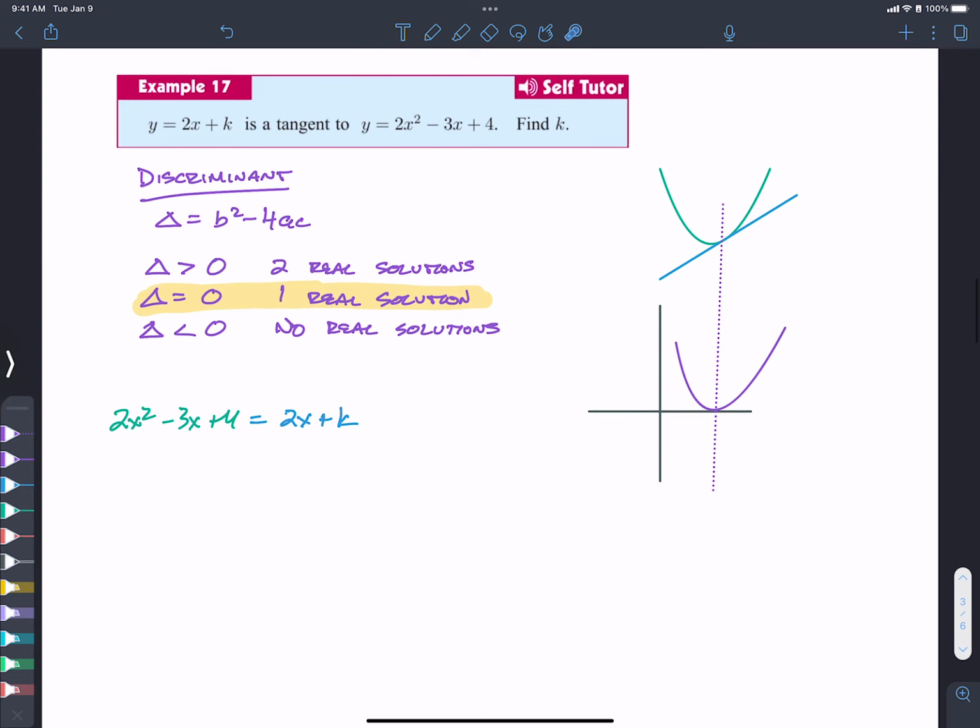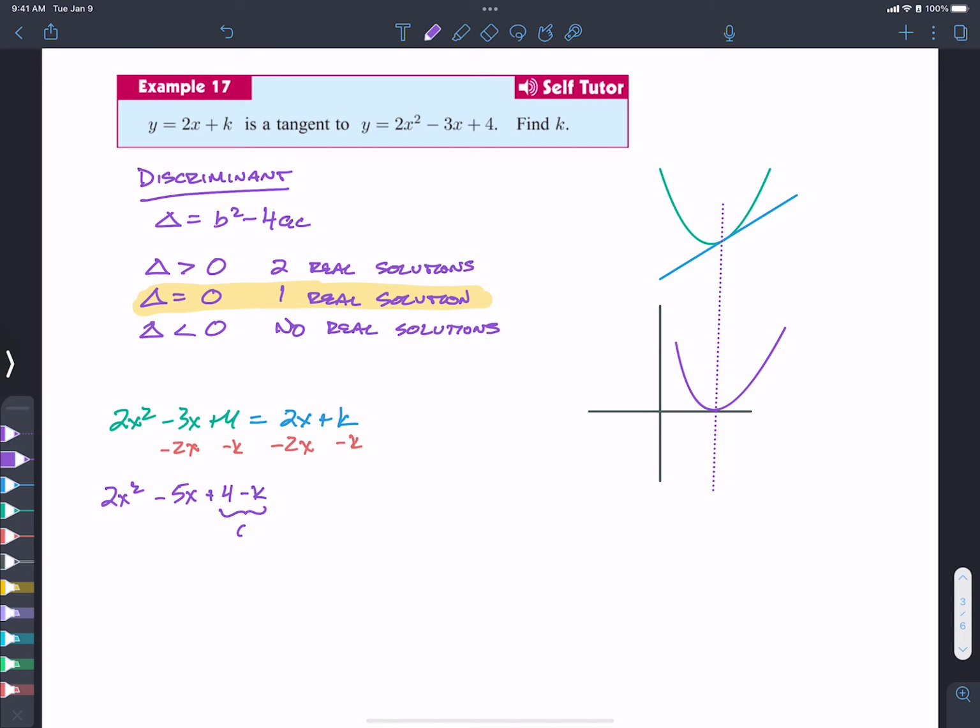So let's rearrange. I'm going to subtract 2x from both sides, so I end up with 2x squared minus 5x. And then I'm going to subtract this k from both sides, and that k becomes part of c. So I'm going to have plus 4 minus k.